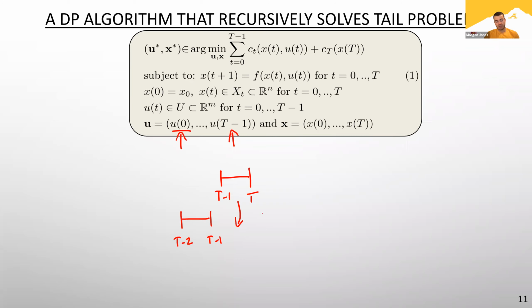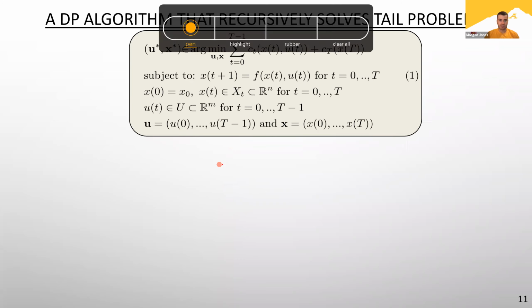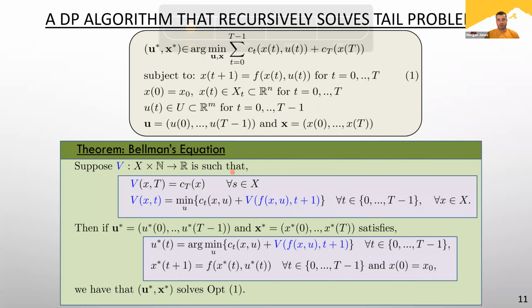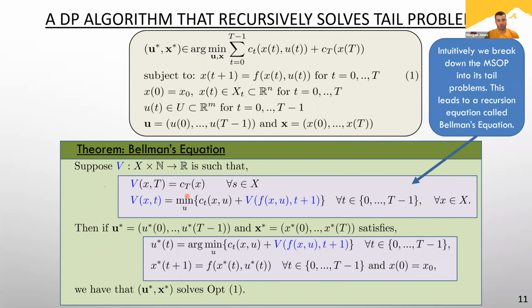So intuitively, if you were to write this down mathematically, you would get a recursion equation called Bellman's equation that's given in this box here, where V represents the optimal cost to go from starting from a state x and time t.